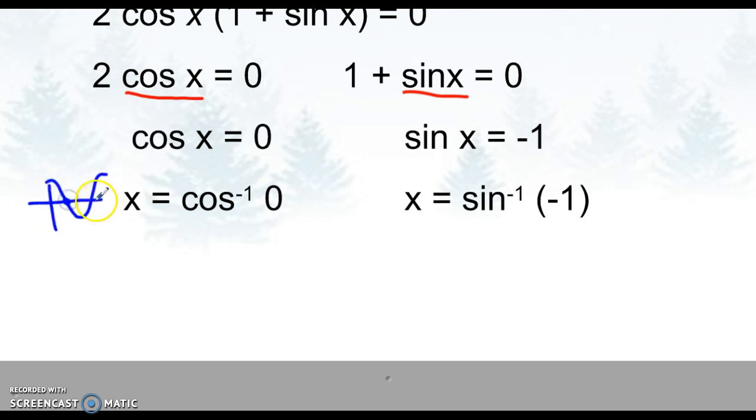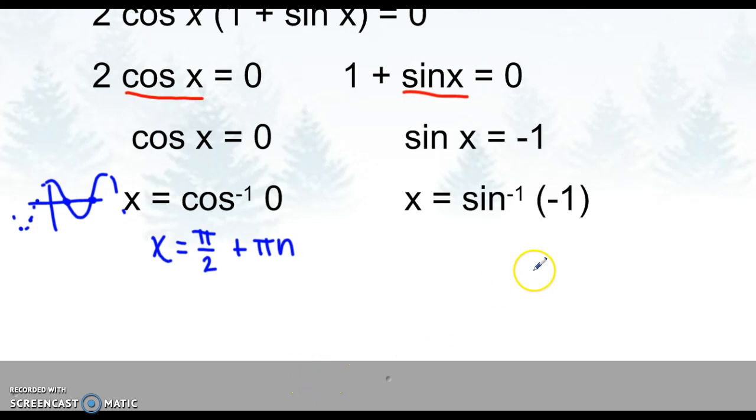We've got 2 values where that happens. That happens at pi halves and 3 pi halves, and it's going to keep on happening every value after that and every value before that. So we're going to add pi n or n pi or nk, whatever your choice is.